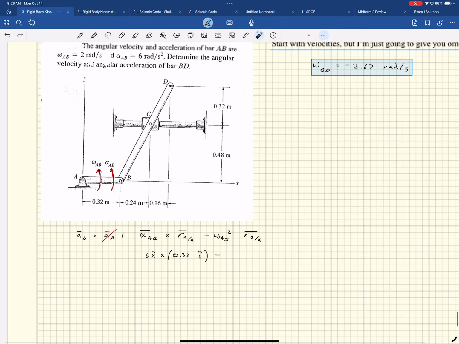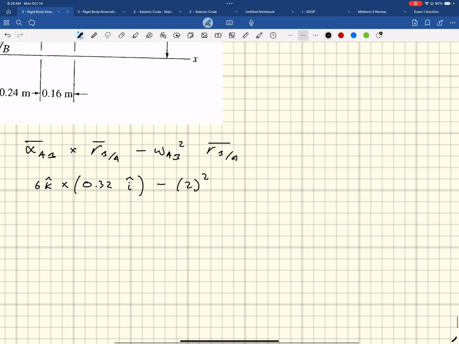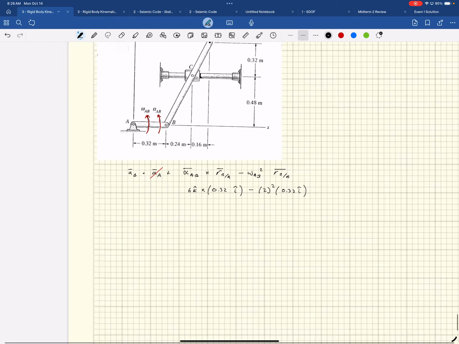Negative omega AB is a positive 2, so 2 squared times 0.32.